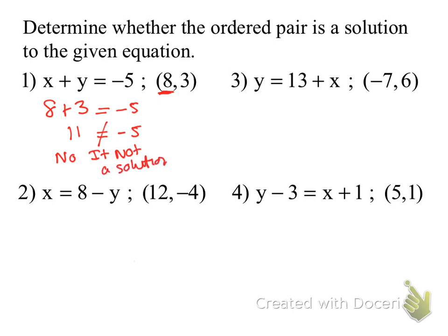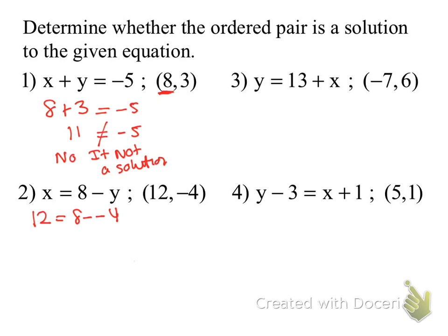Okay, next one. What am I substituting? How are you getting 6? I need substitution first. We're on number 2. Yeah, right there. It would be 12 equals 8 minus -4.